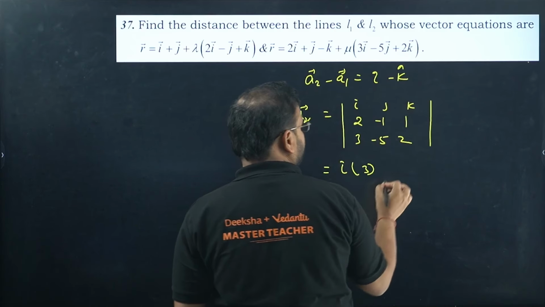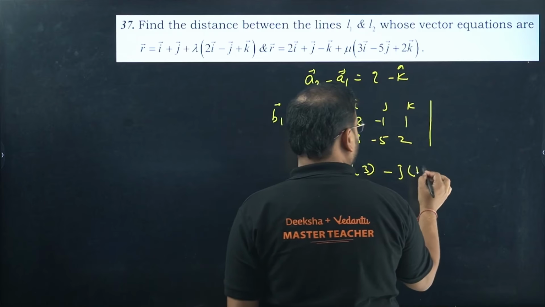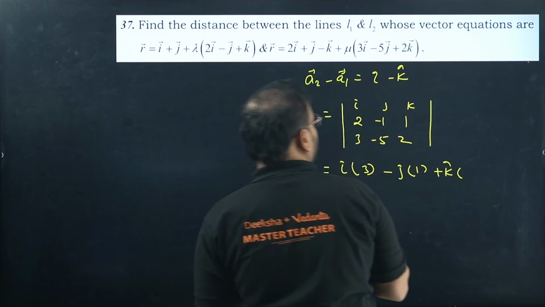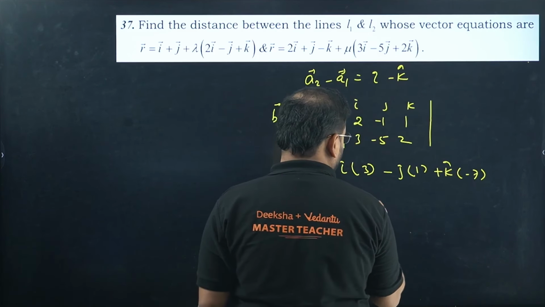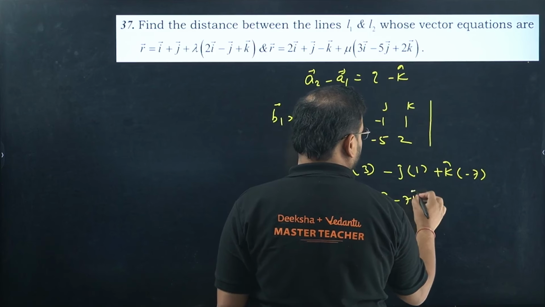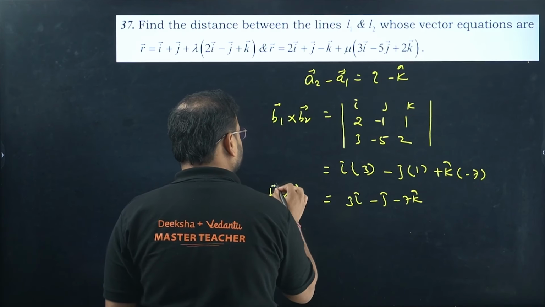And with minus j cap, you'll get 4 minus 3, so 1, and plus k cap, you'll get 10, minus 10 plus 3, so minus 7. Okay. So I have here 3i cap minus j cap and minus 7k cap. This is your B1 cross B2.